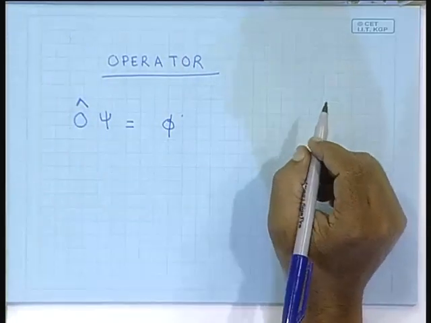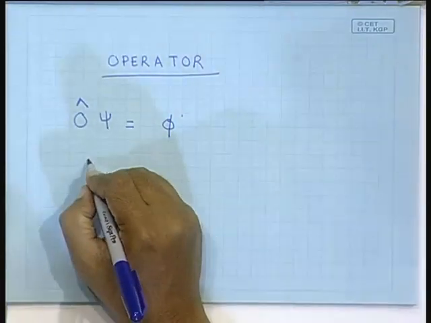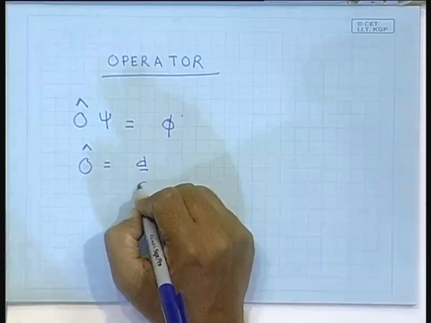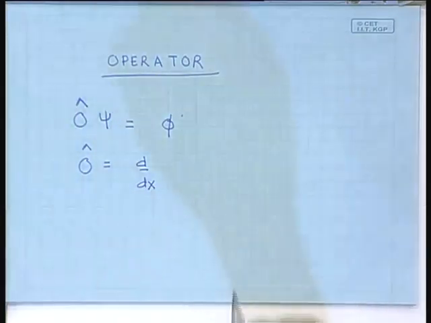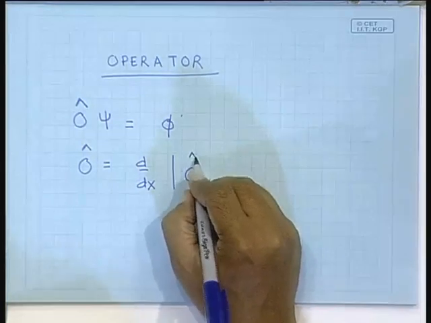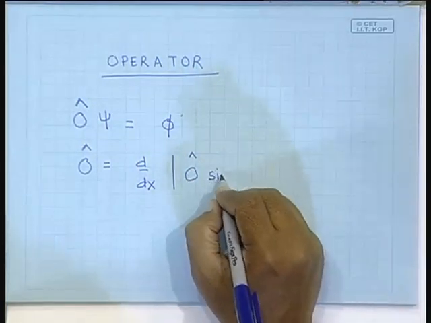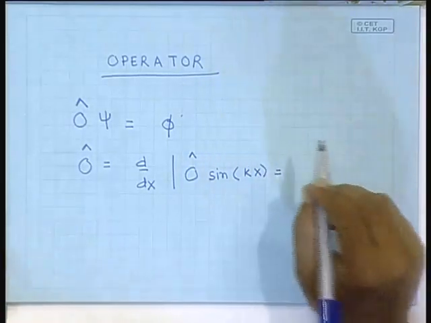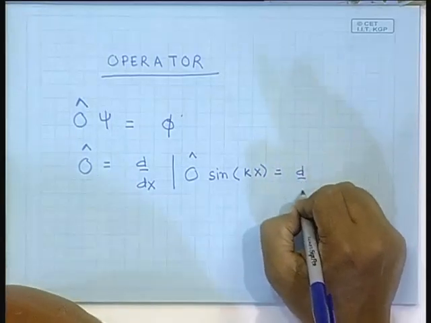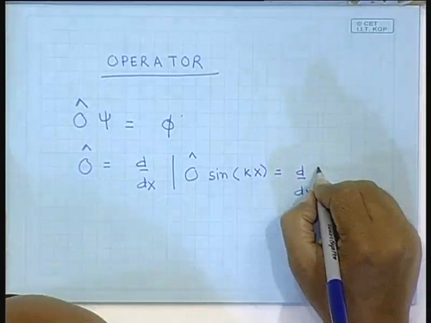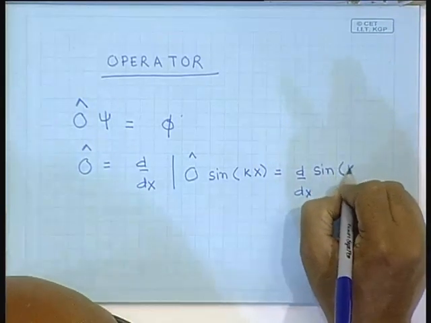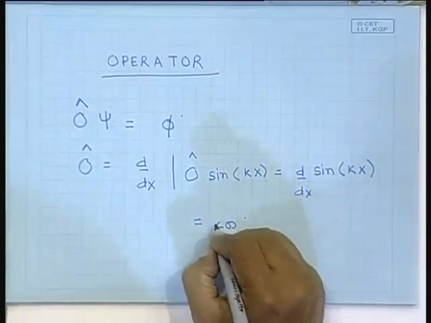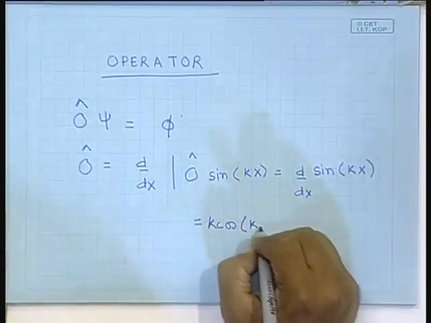So, let me give you the examples. An example of an operator is d by dx. So, the operator acting on the function, let us say sin kx, is equal to d by dx of sin kx, which is equal to k into cos kx.